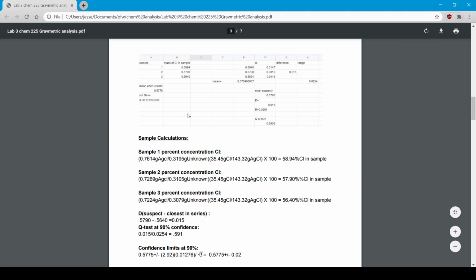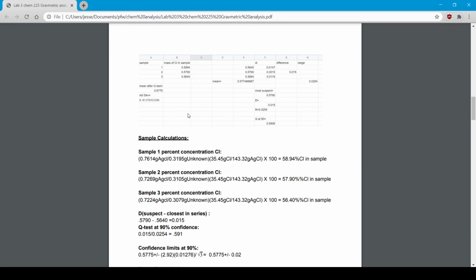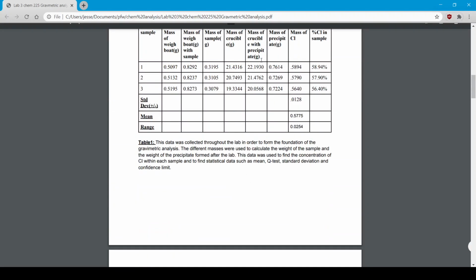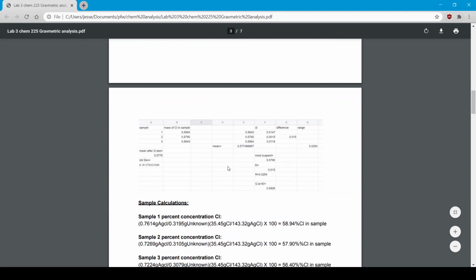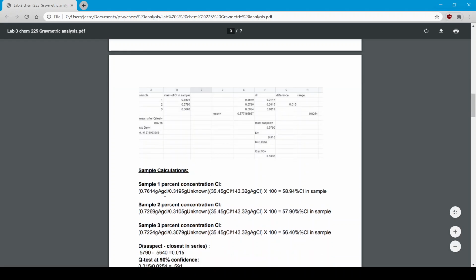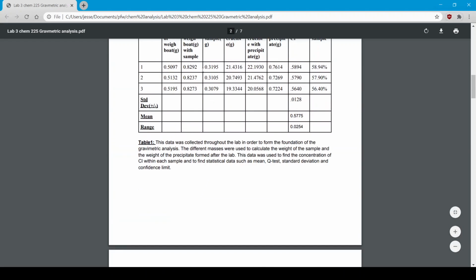So next up, you have to show your sample calculations, which is essentially several calculations done to show how you got these values and the values in this table. So I need to show exactly, even though it's already assumed, you can kind of tell by looking that this is clearly the difference between this value and this value.